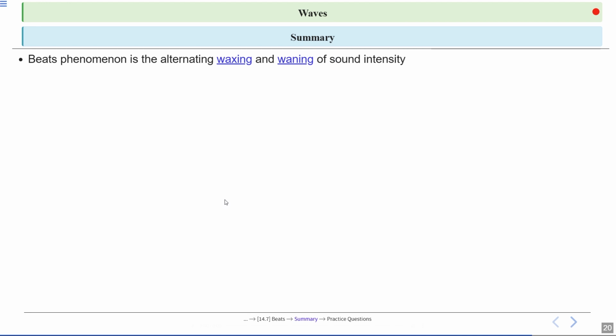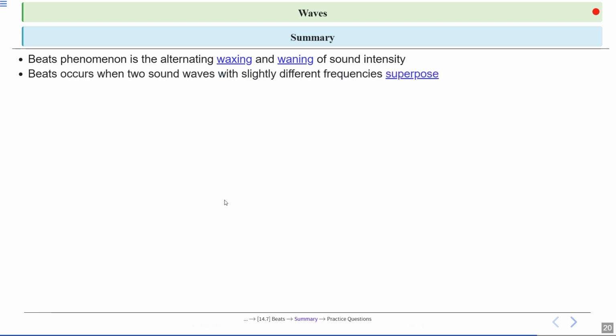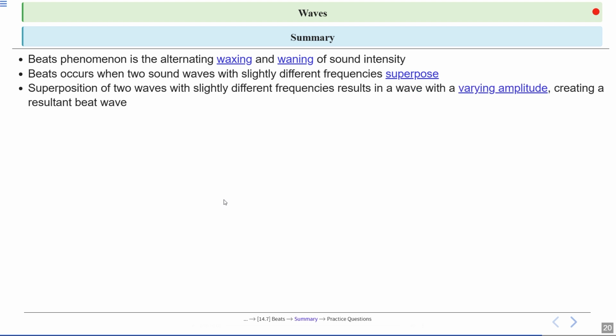The beats phenomenon is the alternating waxing and waning of sound intensity. Beats occur when two sound waves with slightly different frequencies superpose. Superposition of two waves with slightly different frequencies results in a wave with varying amplitude, creating a resultant beat wave.